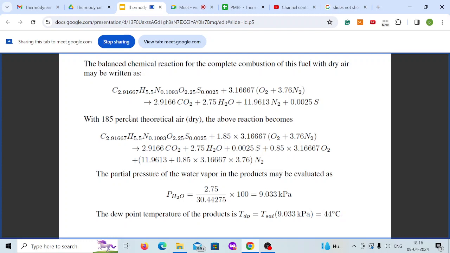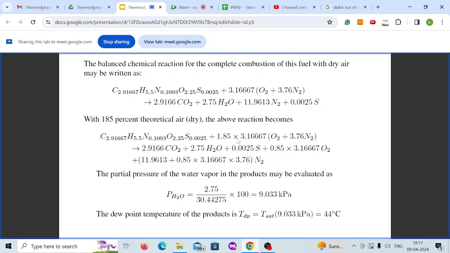Now in the problem it is given that you are taking 185% of the theoretical air, or the air required for complete combustion. So you are taking 1.85 times. Similarly, you get the same combustion products, plus you have excess oxygen and nitrogen present.